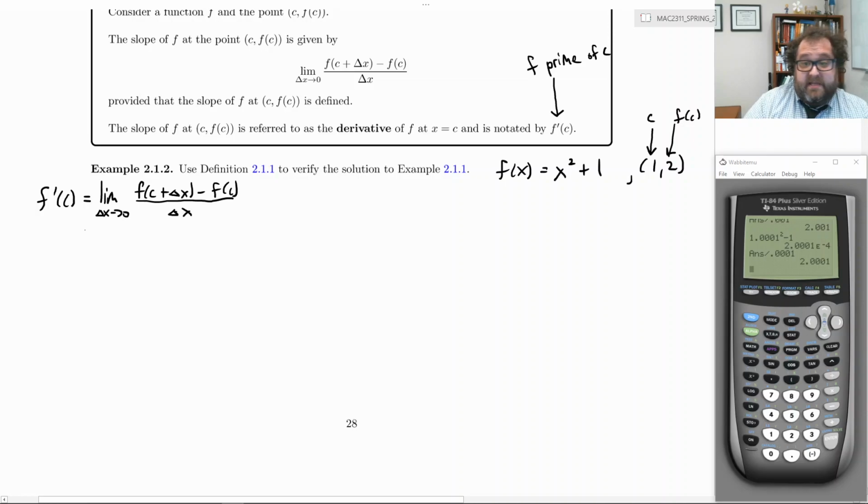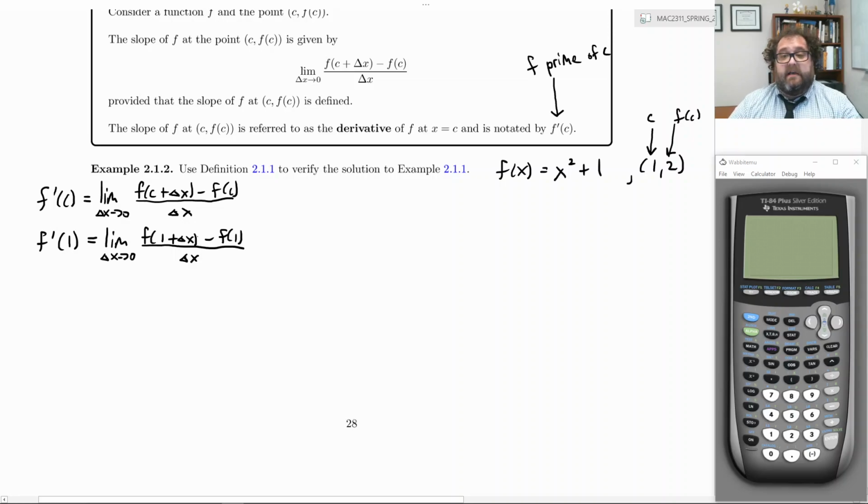So now if we plug in for our specific function and our specific value of c, we're going to have f prime of 1 equals the limit as delta x goes to 0 of f of 1 plus delta x minus f of 1, over delta x. I just plugged in our value of c.